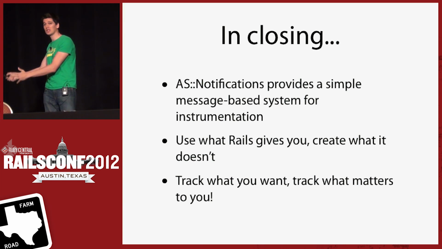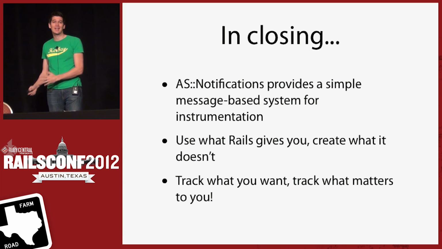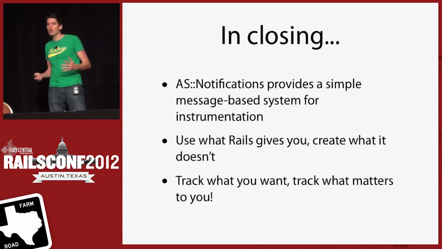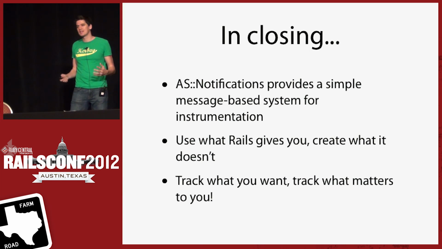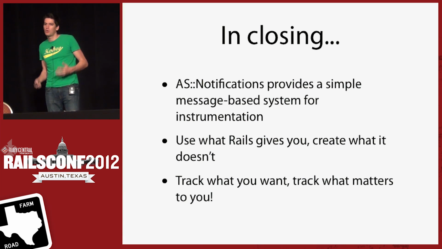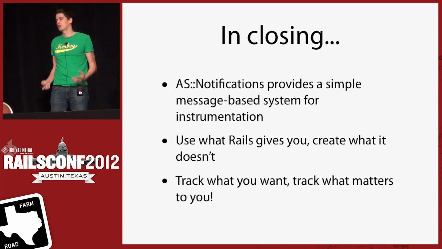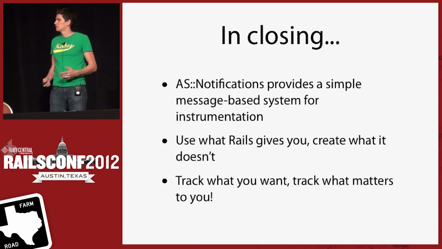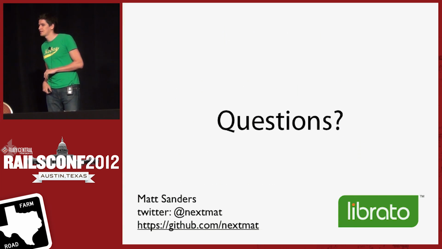But I think part of what's really great about this is it makes it really easy to track anything you want. So think about what that is for you. For your team, what really matters? What are the two things that if you could know them all the time would make a huge difference in terms of your understanding of your customers, your understanding of your success, that sort of thing. So figure out what that is and go track it. And that's it. Thanks.